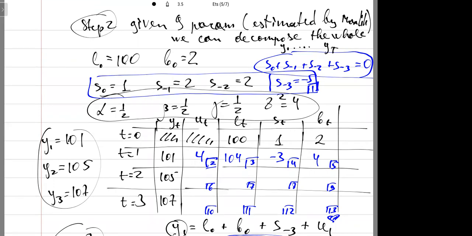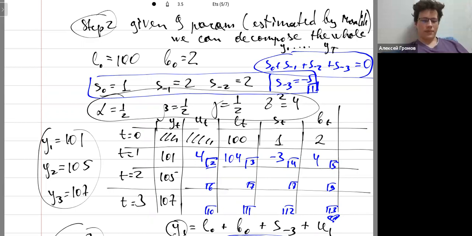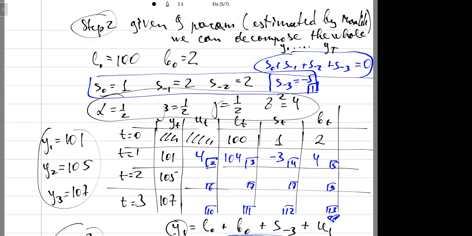In real life, I don't have alpha, beta, and gamma; I have alpha hat, beta hat, gamma hat, but the calculations are the same. So yes, you are right. I've missed the first step because my course shows the idea: estimation, decomposition, forecasting. So estimation, I skipped a little bit.